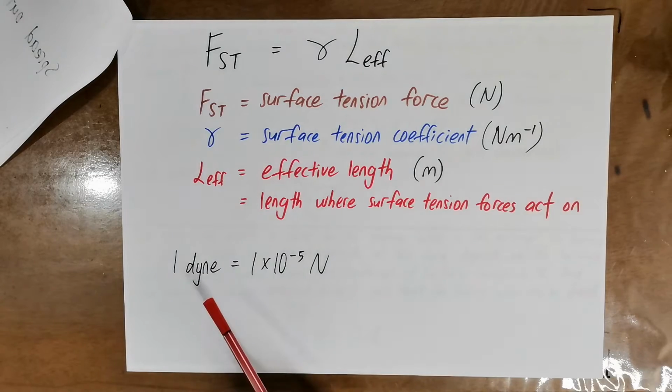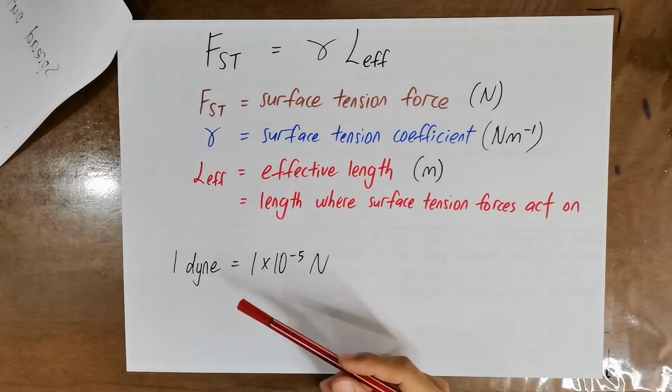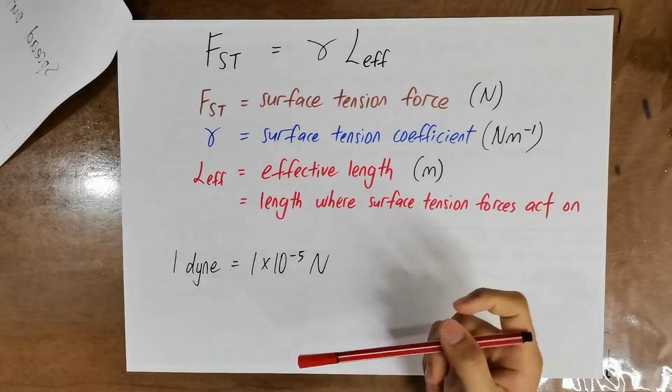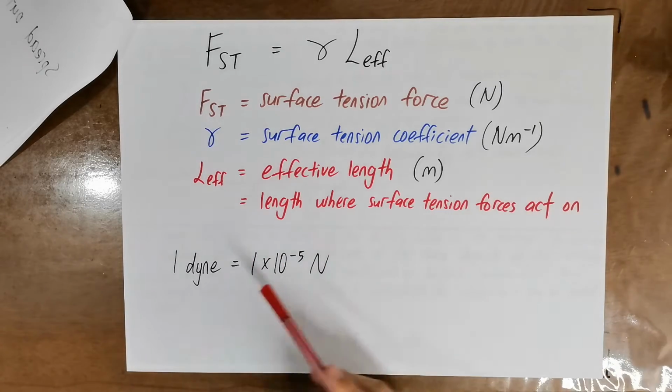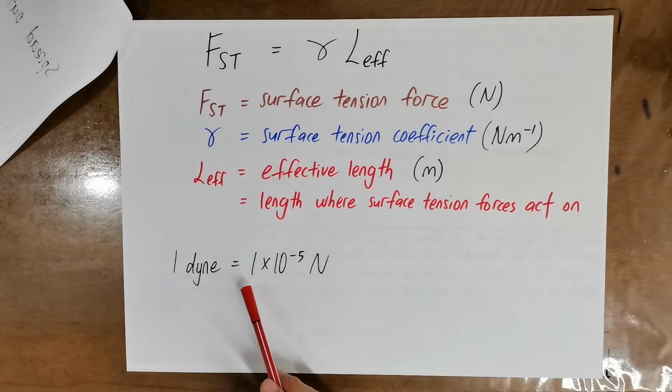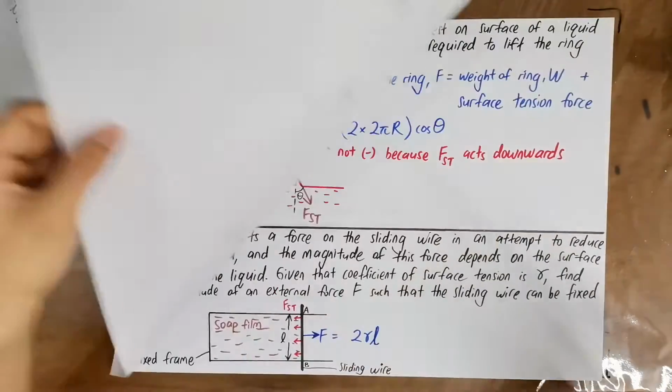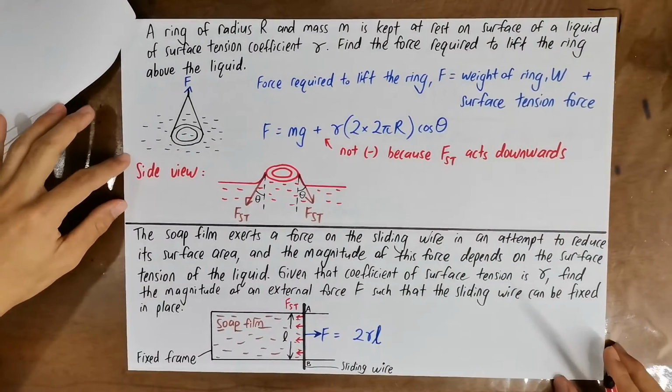And you know that actually surface tension force is a very tiny force, so you actually need a smaller unit. So 1 dyne of force is 1 times 10 to the power negative 5 Newton.